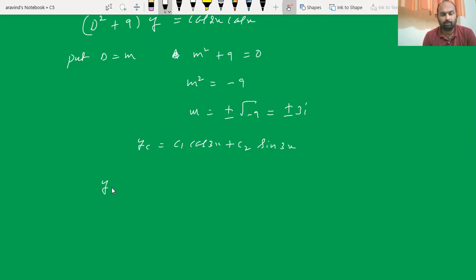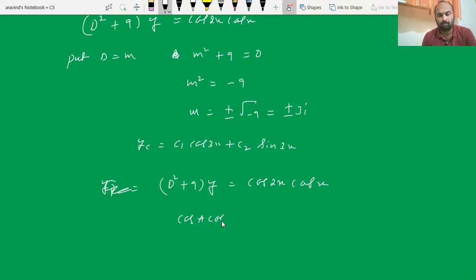Now, in order to find the particular integral, again I'll take up the equation, that is (D square plus 9) into y is equal to cos 2x and cos x. On the right hand side there are two cos terms, so we have to apply the cos A cos B formula. So cos A cos B is 1 by 2 into cos(A plus B) plus cos(A minus B).